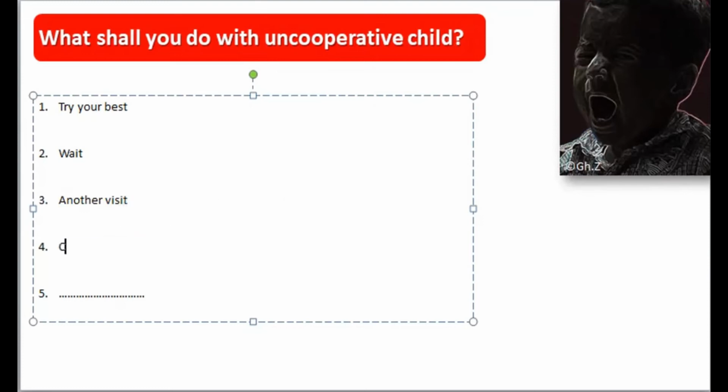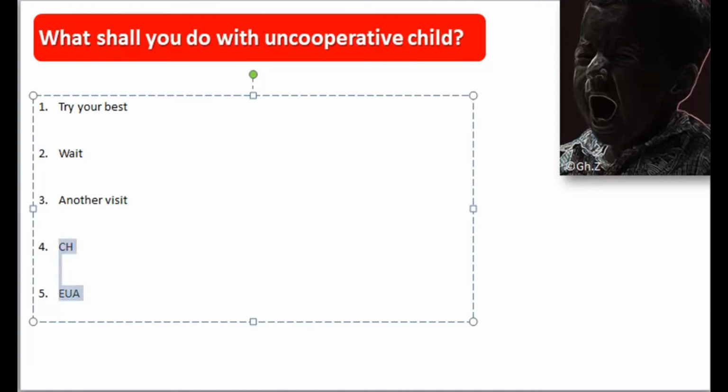And you may use the chloral hydrate, as you mentioned, and you may use examination under general anesthesia. Because 4 and 5 are not risk-free. Yes, we can use our precautions, and the child should be checked first by the pediatrician, but they are not risk-free. But trying your best or waiting for a while or having another visit are risk-free.